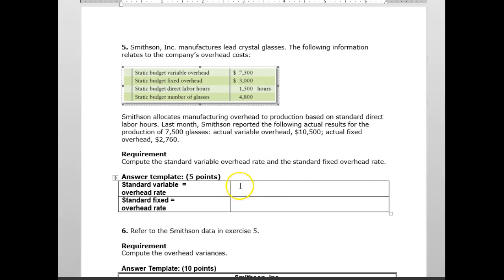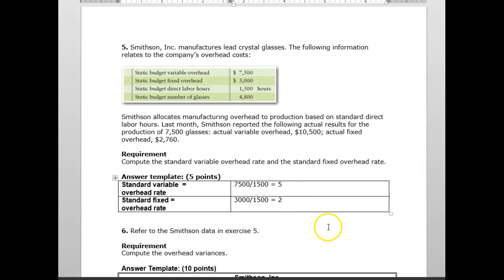So how much is that an hour? Well, you're going to take 7,500 and divide it by 1,500, and that should come up with about $5 an hour. You're going to do the same thing with the fixed rate. So that's 3,000 divided by 1,500, and that's a no-brainer. That's $2. So now you have $5 and $2 for allocation.